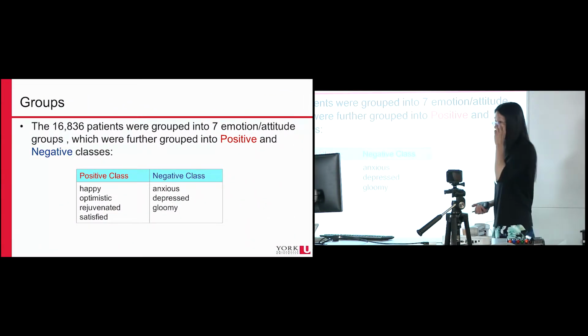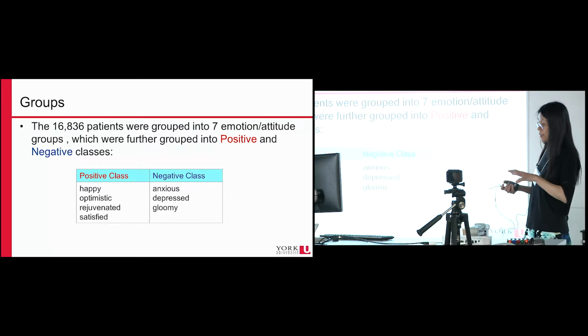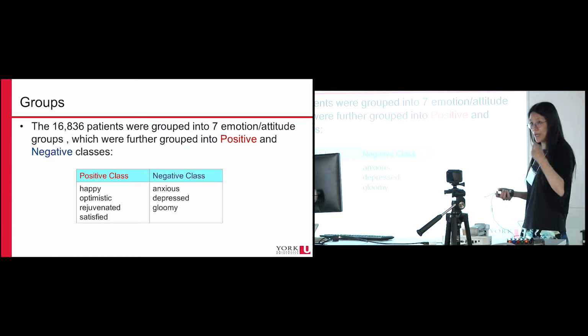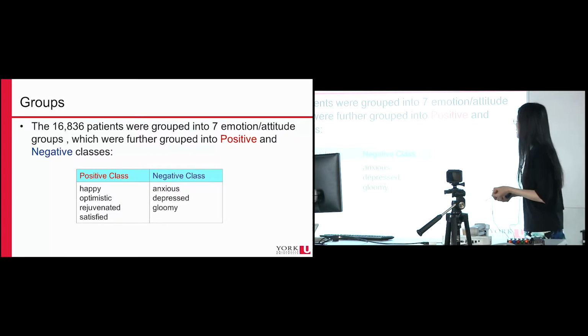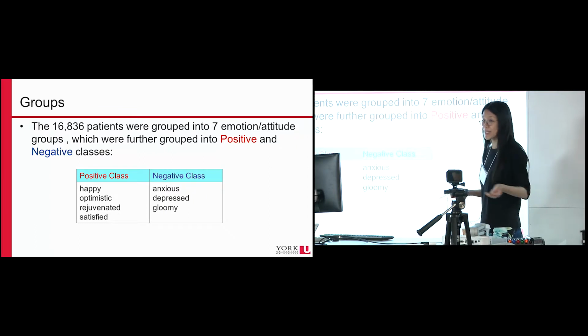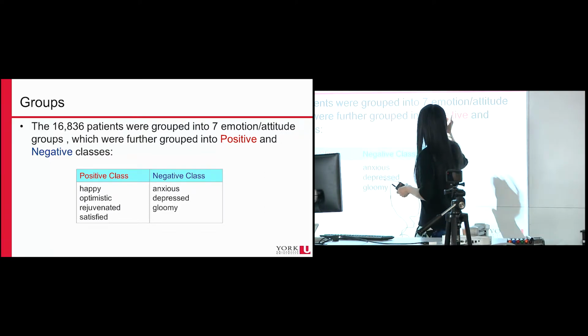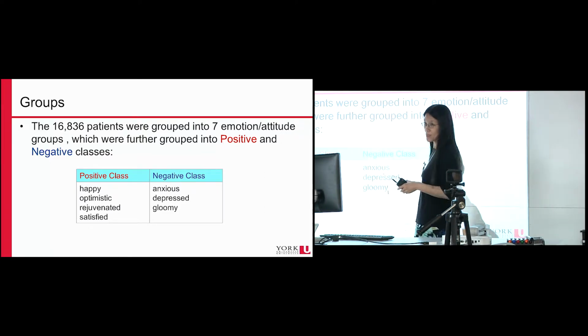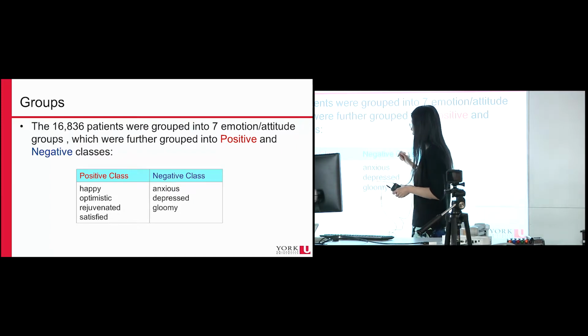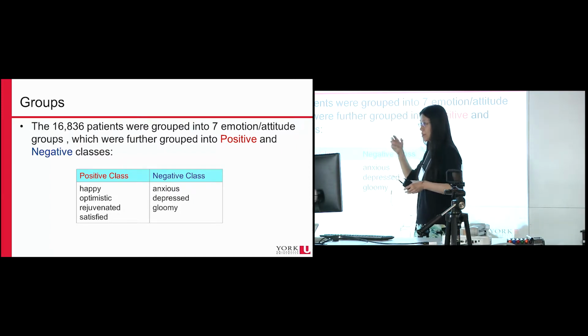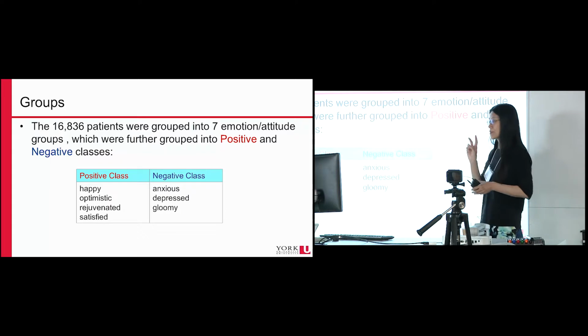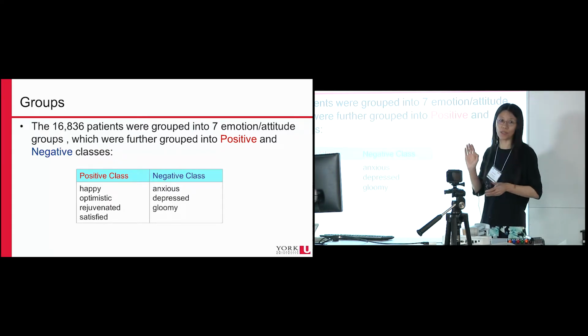Again, we focus on part of the data set, which contains nearly 17,000 people, all with either heart disease or diabetes. We group those people into 7 emotional categories, grouped according to the answers to 2 of the questions.